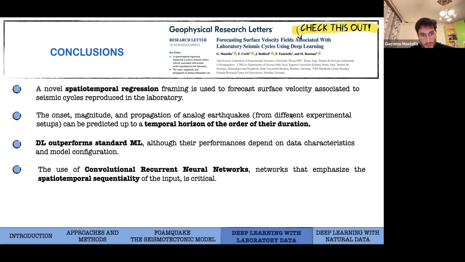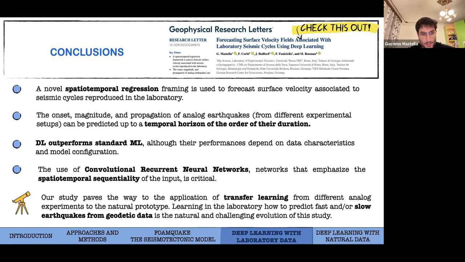Regarding future applications, our study in some way paves the way to the application of transfer learning from different analog experiments to the natural prototype. And especially the challenging evolution of this study is trying to use the same methods we have employed in the laboratory with natural data, trying, for example, to predict fast and/or slow earthquakes from geodetic data.